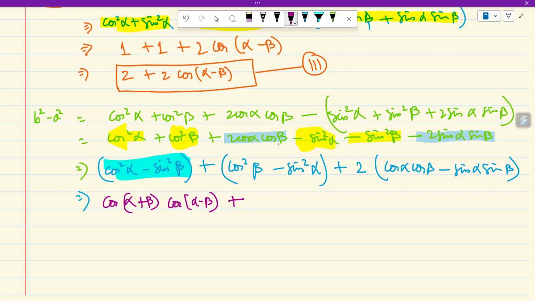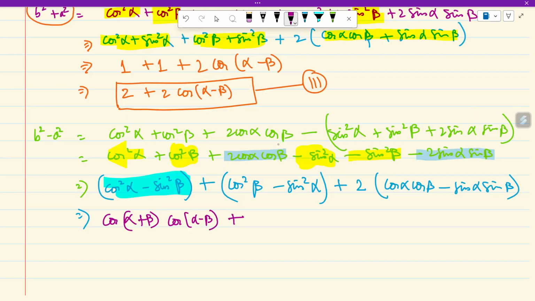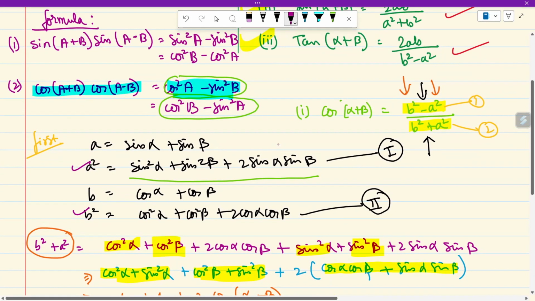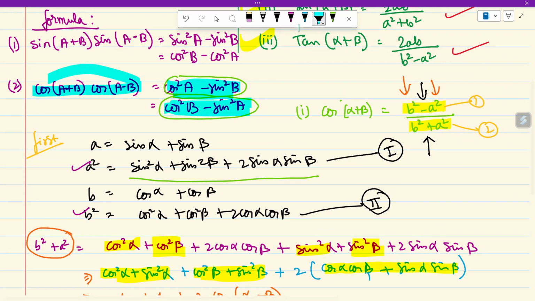Again you put the plus sign, then cos square beta minus sin square alpha. If you see the formula correctly, the same thing is said here but in the reverse order, that also has the same value, that is cos square beta minus sin square alpha also has the same value.